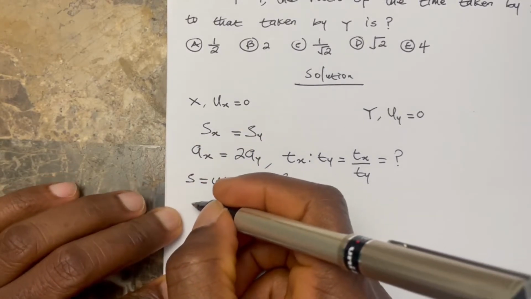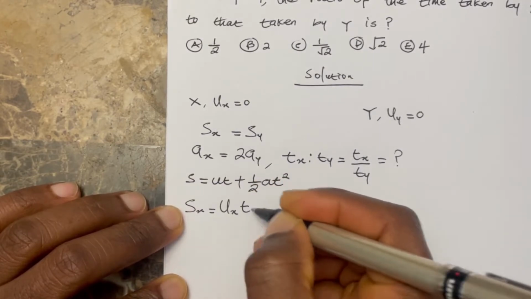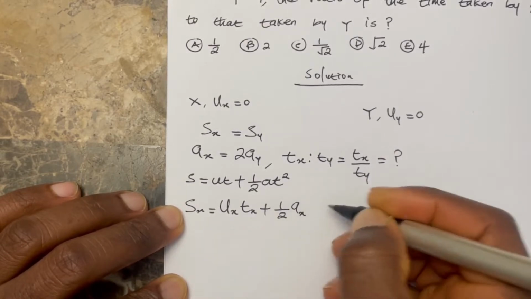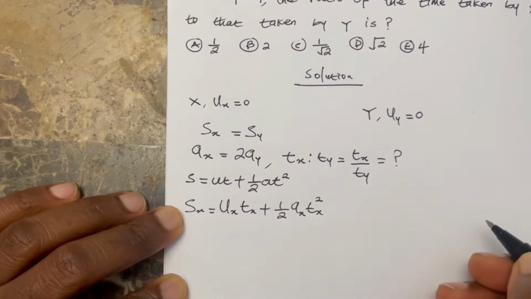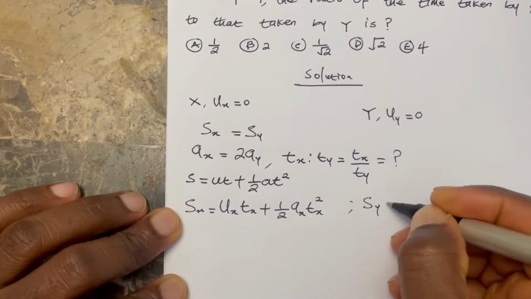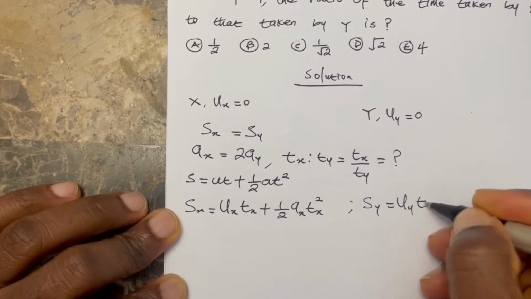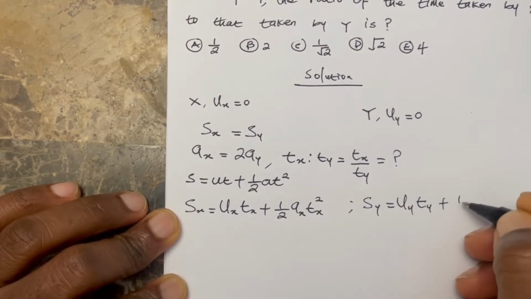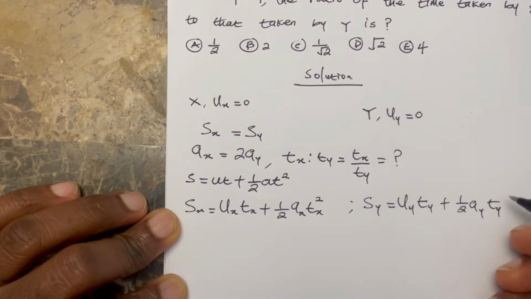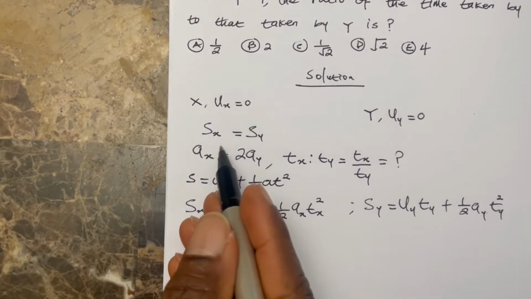So we can say that S of x is equal to u of x, t of x, plus 1 over 2 a of x, tx squared. And of course, you can do the same thing for y. That is Sy is equal to uy ty plus half ay ty squared.